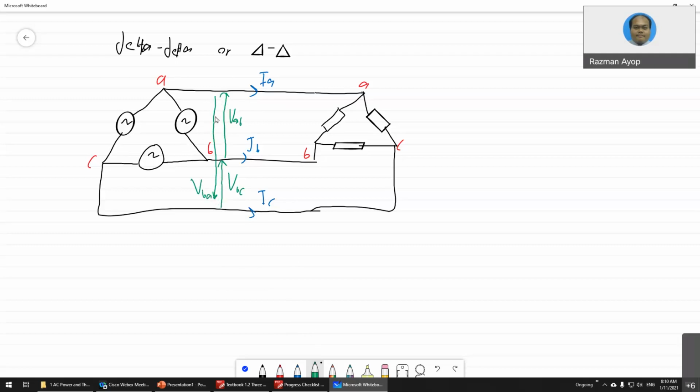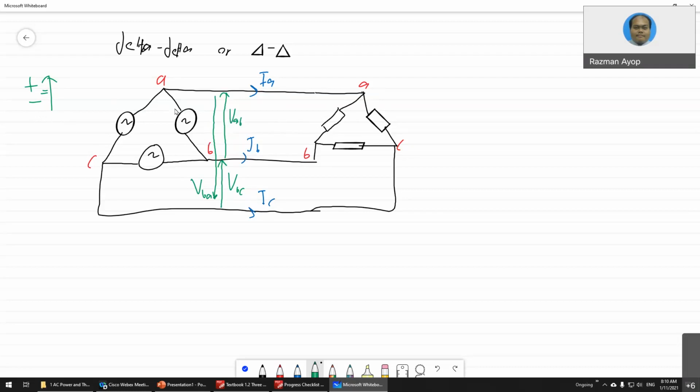So you need to know how to represent the line, positive and negative. The head of the arrow is positive, the tail of the arrow is negative. So you need to know how to draw all of this, and automatically you will label this.